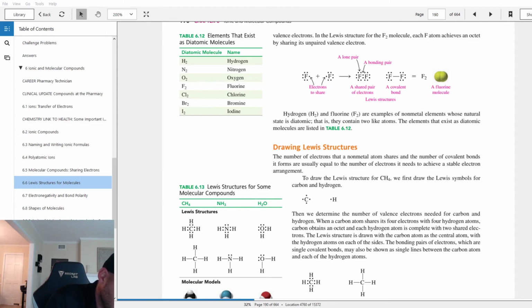Get this on, screen mirror, done. Okay, so fluorine here typically would have 7 valence electrons around each atom. So fluorine, 1, 2, 3, 4. When you're doing a Lewis dot structure, you do it clockwise and you fill out the number of valence electrons.